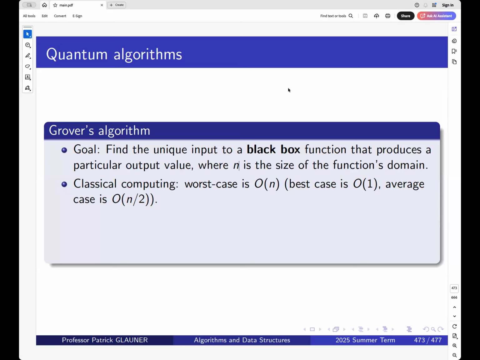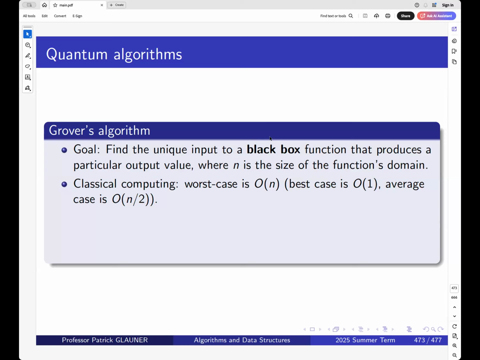So 1 to 1000. And one of the inputs is the correct one. The black box function will tell us for every input, yes or no. Yes means correct. No means not the value I'm looking for. And for exactly one of these inputs, the black box function will tell us yes.